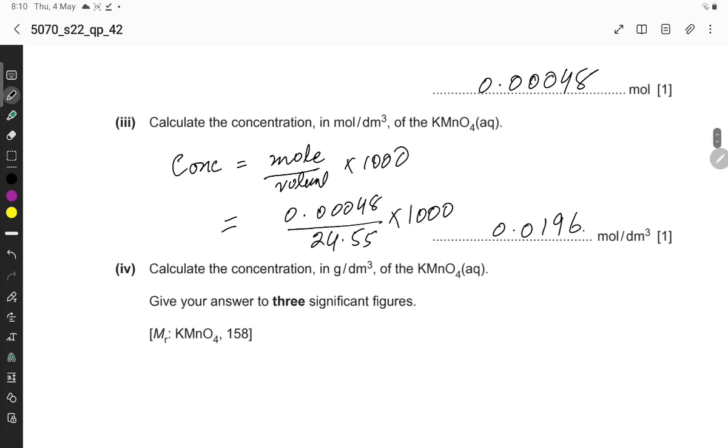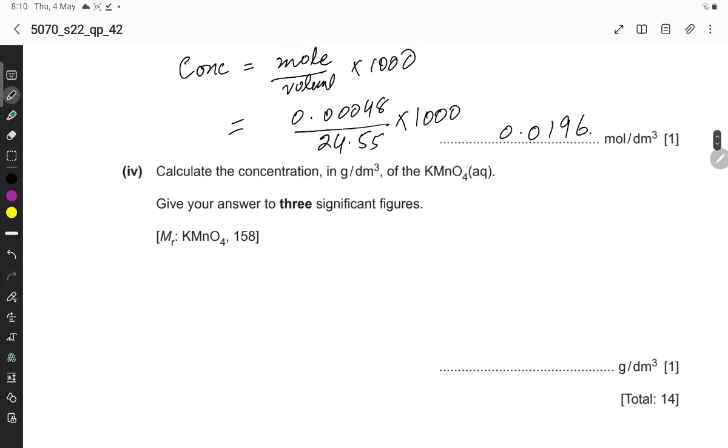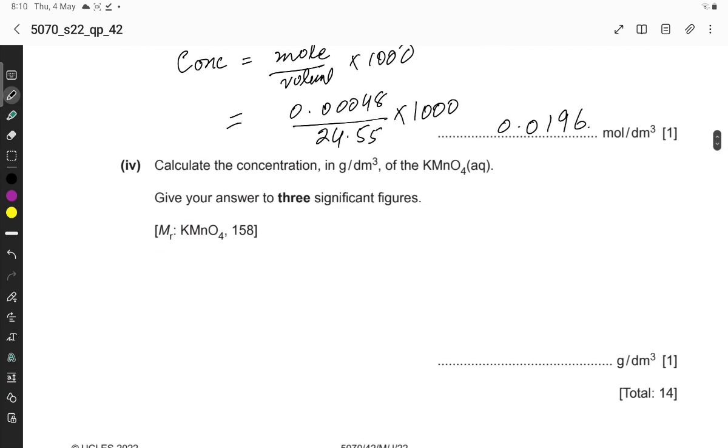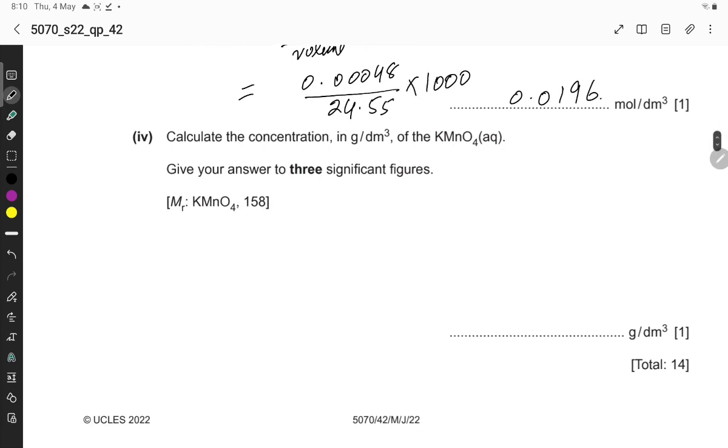The answer would be 0.0196. Calculate the concentration in gram per dm cube of KMnO4. Give your answer in gram per dm cube.